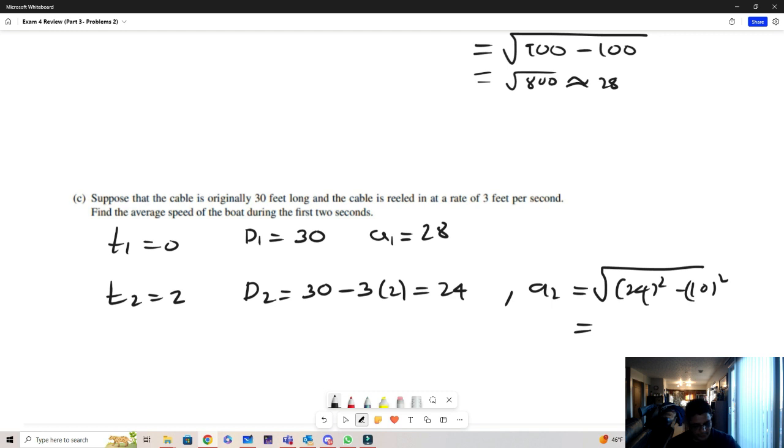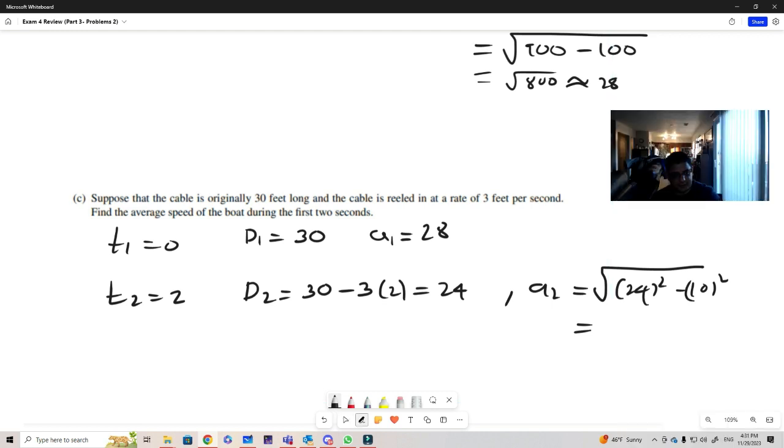And so 24 squared is 576 minus 100. So this is the square root of 476. And that is going to be 21.8.